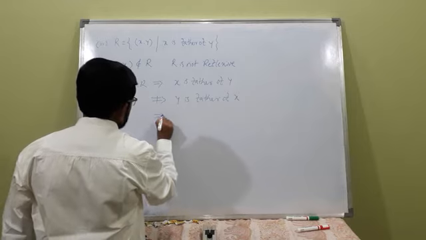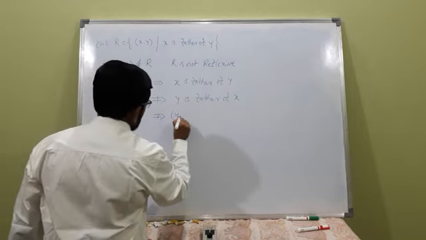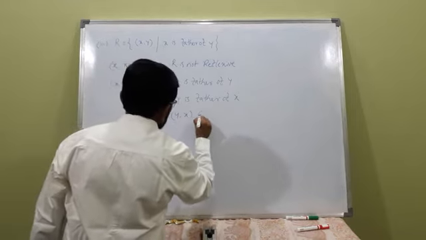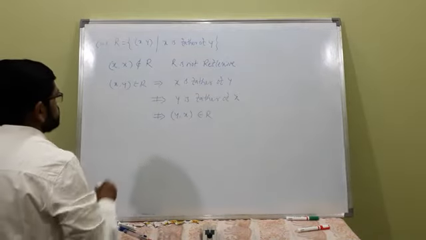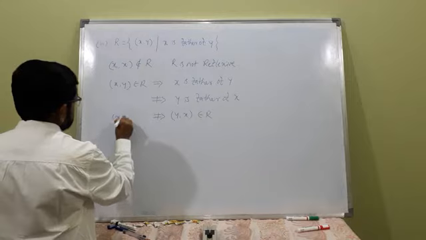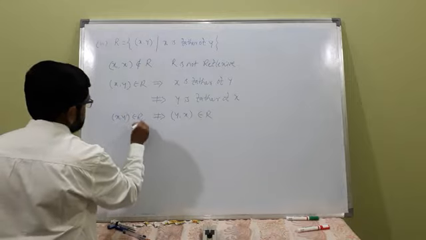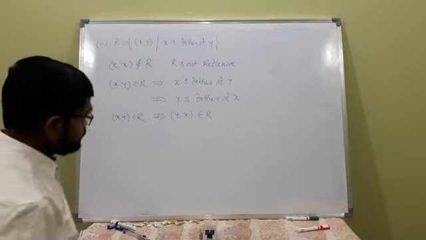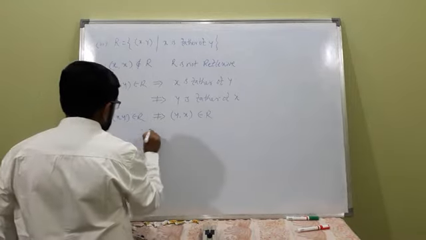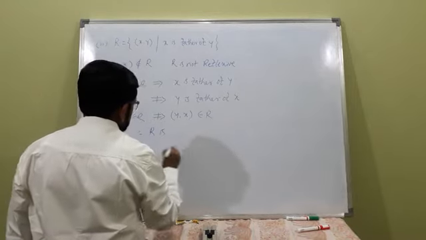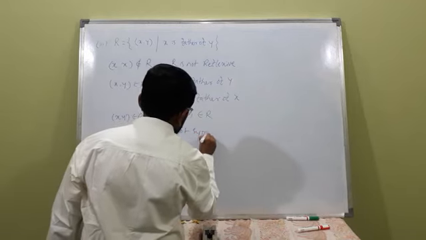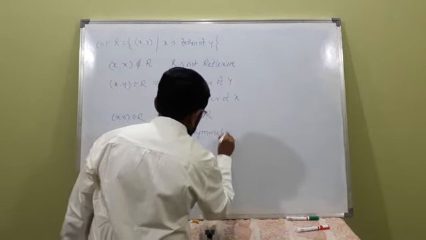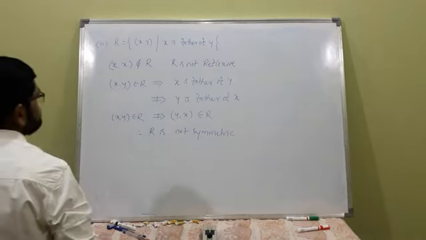Therefore this does not imply (y, x) belongs to R. Therefore, (x, y) belongs to R does not imply (y, x) belongs to R. Therefore R is not symmetric. Okay.